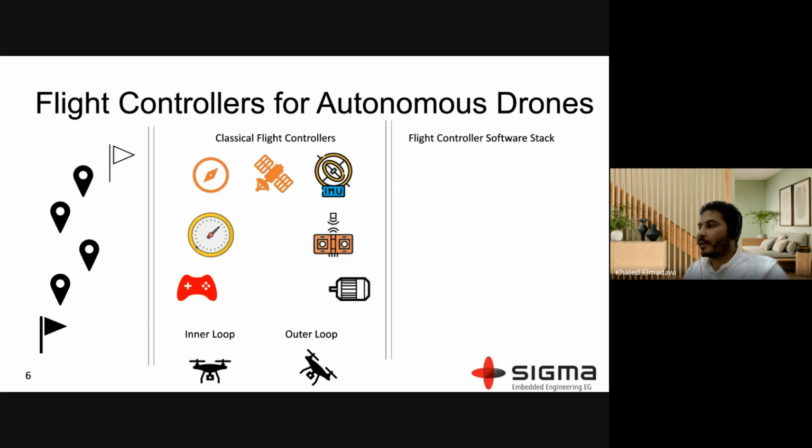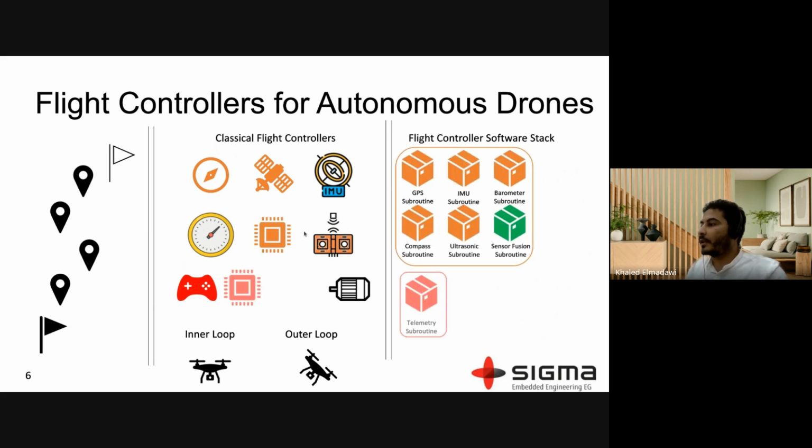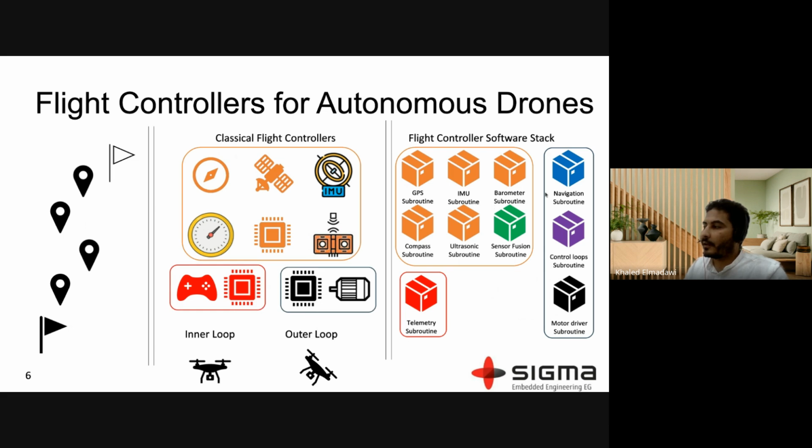There is another approach that is still considered a classical flight controller, but it is safer and more redundant, where the subroutines are divided into subsets. So the state observation and the sensor fusion are done on a single microcontroller. The RF communication is done over a second microcontroller.